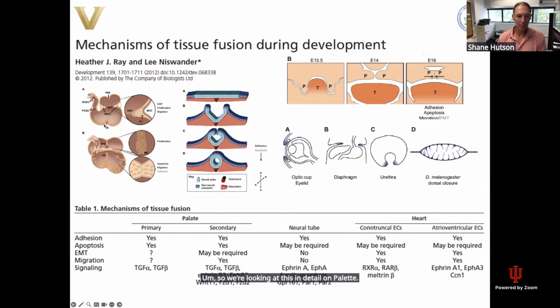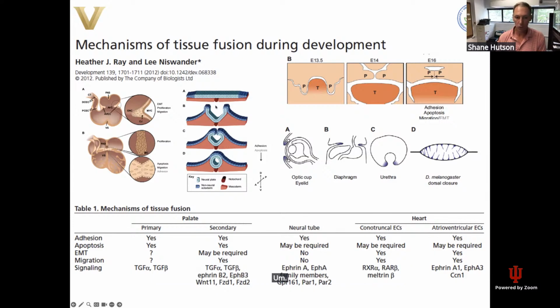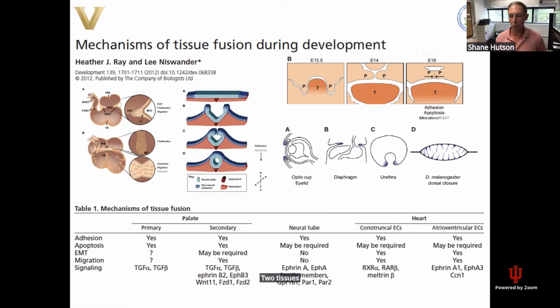Similar things happen over here on the far left in cardiac development, all the septa of the neonatal heart. In neural tube fusion, they're in the middle, optic cup, diaphragm, urethra. Right, there's lots and lots of examples of this that happen during development. This idea that two tissues growing towards one another have to fuse into one tissue.